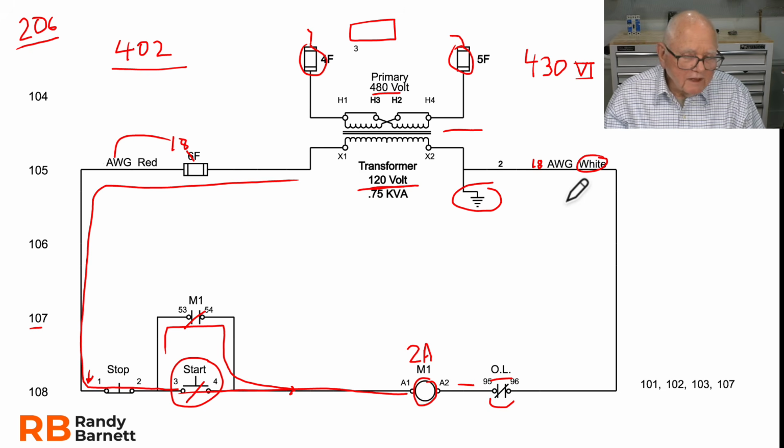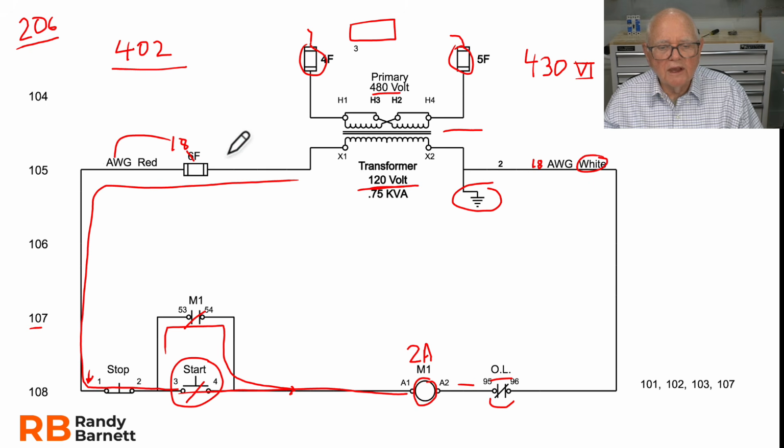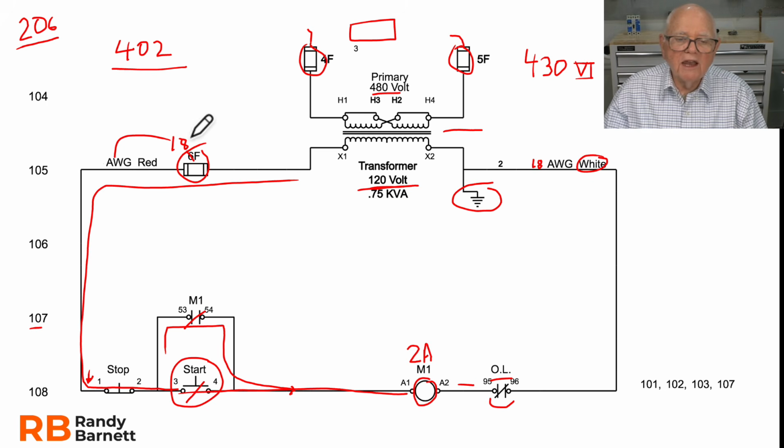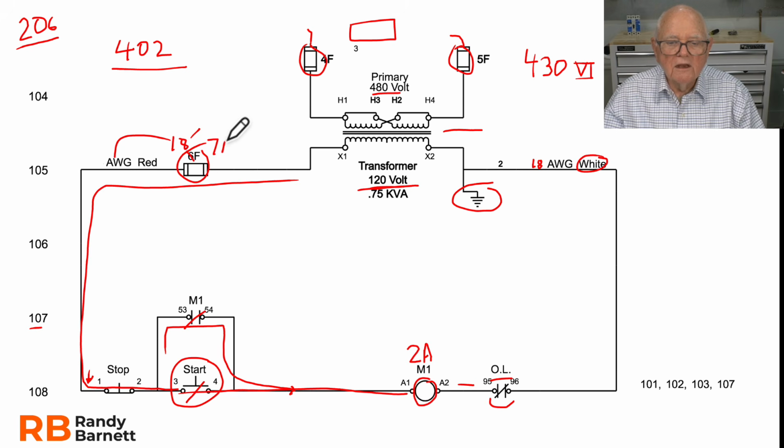And now the next thing I've got to be concerned with is, what about my overcurrent protection? Well, that's easy. I go to 240.4(D), and 240.4(D) says that on number 18 wire, I cannot go any larger than 7 amps. So I could put a 7 amp fuse in there. I might go with something smaller, but I could put a 7 amp fuse on number 18 wire.